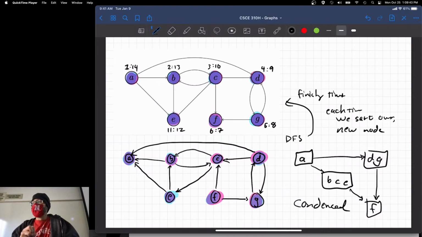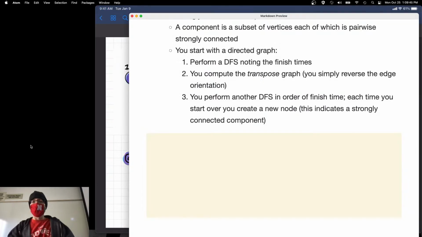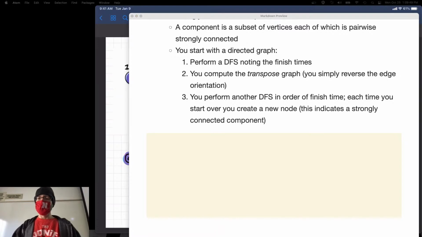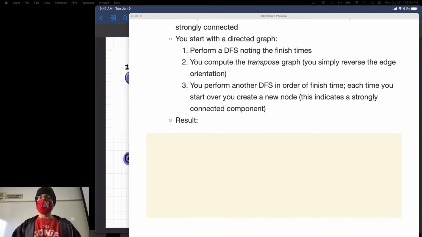So the result here, ultimately, is a DAG, a directed acyclic graph. Why do we like acyclicity?